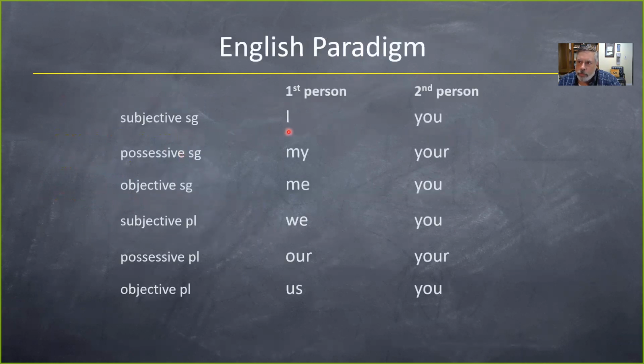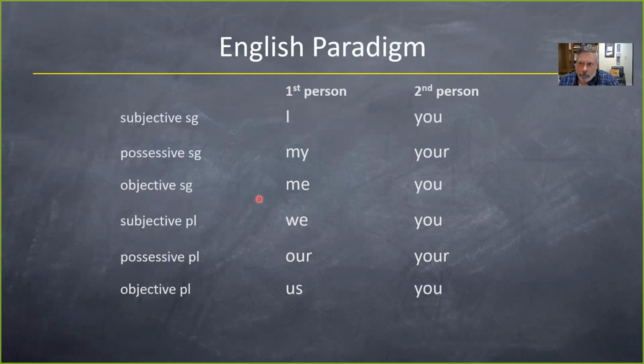You have first person and second person. And the first person is subjective, such as functioning as a subject, I or you in the second person. Possessive, my or your. Objective would be the direct object or indirect object. Indirect, you'd have the helping words in, to, or with. So accusative, the direct object, would be me or you.